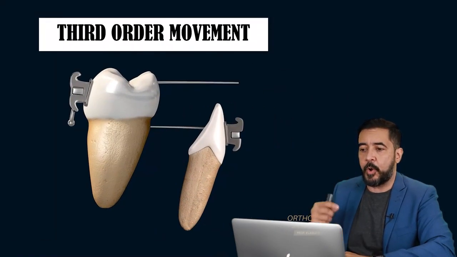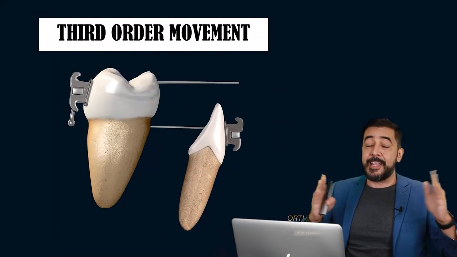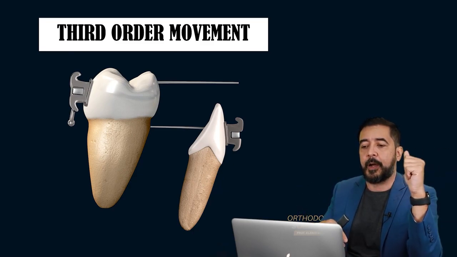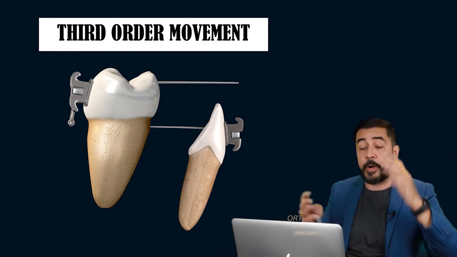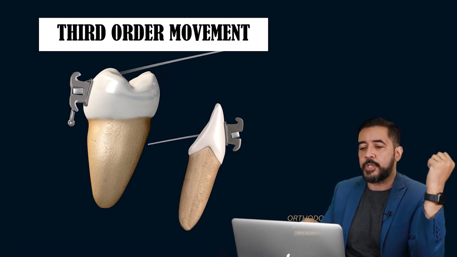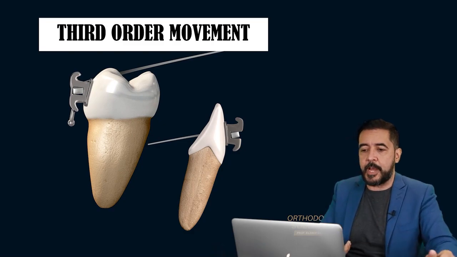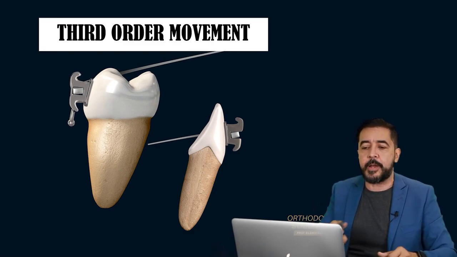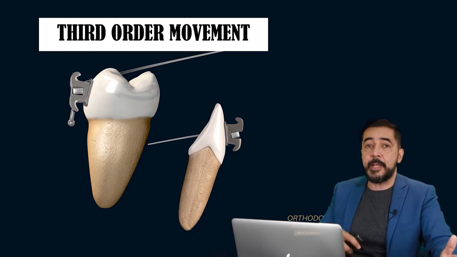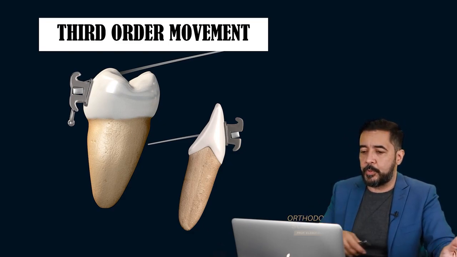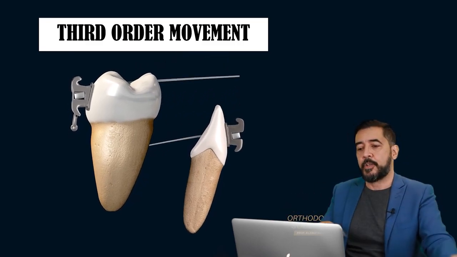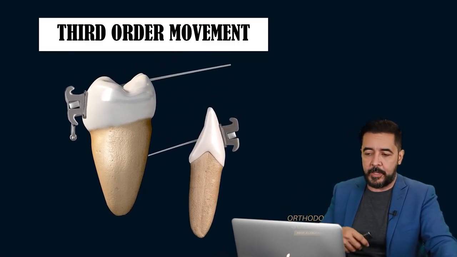So we have the third order movement, which is the inclination that we impose to the teeth or a group of teeth or an individual tooth, for example. So we do the torque on the sectional part of our rectangular wire in order to create a couple that will correct the inclination of the tooth. So when we do this, we do a different inclination to our tooth or to our group of teeth, okay?